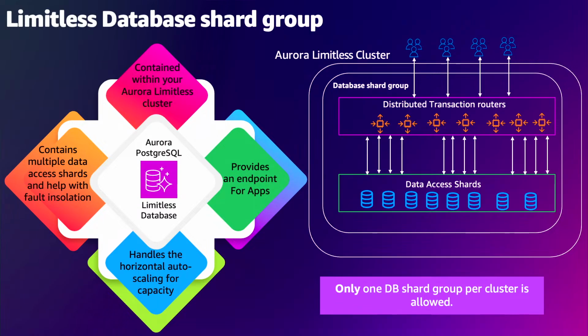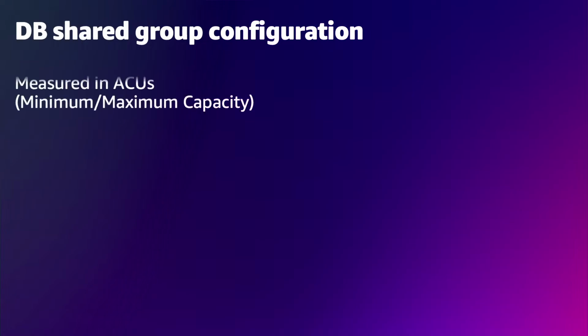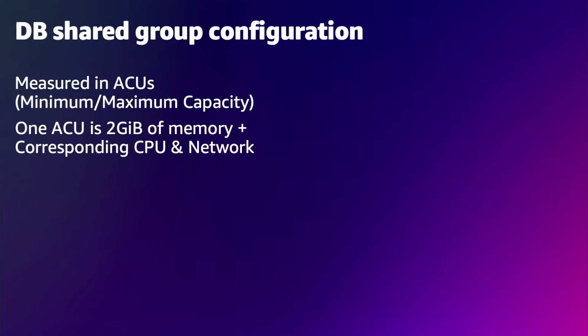So there is one limitation right now, or at least a limitation: 1 DB shard group per cluster is allowed. So the actual shard configuration is measured in ACUs, so I have the minimum and maximum capacity. The minimum is 16. Each ACU corresponds to 2 gigabytes of memory.